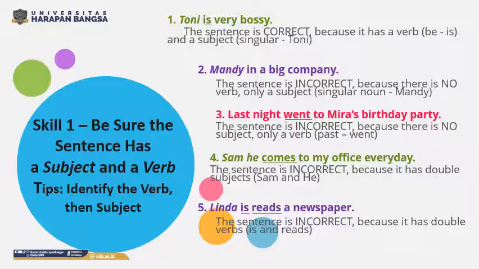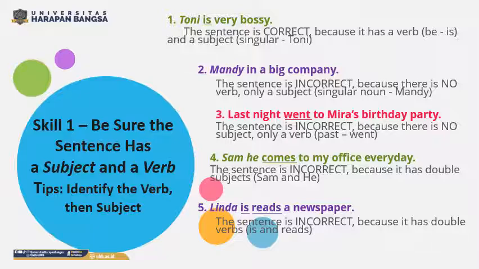What you have here in number 4 is double subject. You have Sam and he. It should be Sam comes to my office or he comes to my office. But you cannot say Sam, he comes to my office every day because the sentence has double subjects.